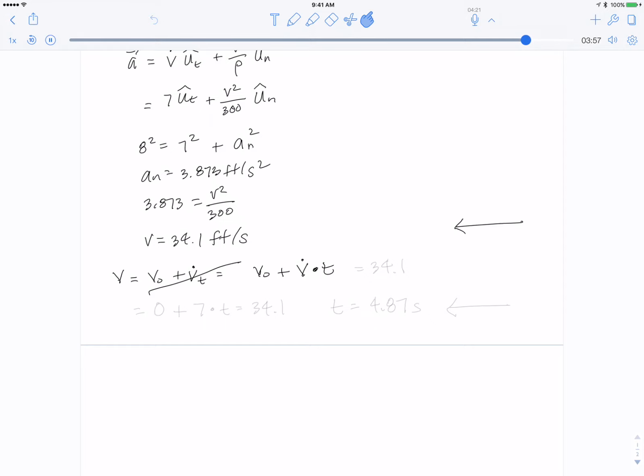Okay, so that will equal 34.1 feet per second. It starts off at 0. We know that v dot is 7, so 7t equals 34.1. So this will all happen at a time of 4.87 seconds.